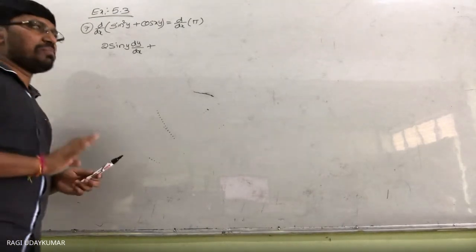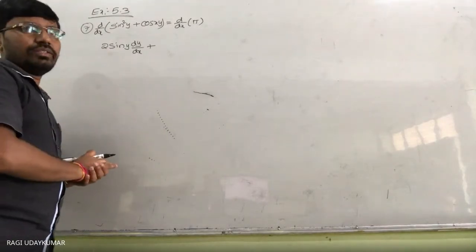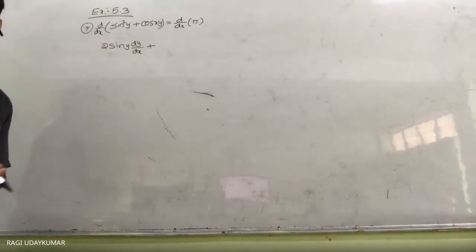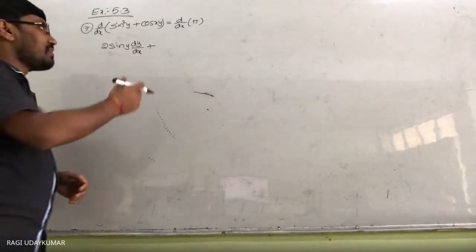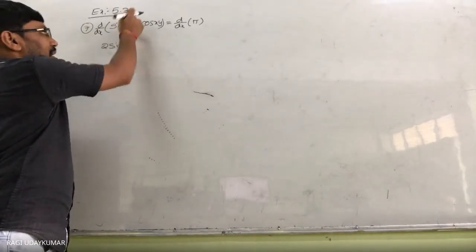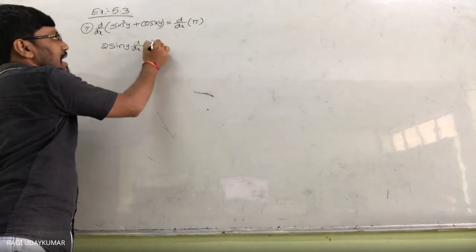Here you do remember, most of the students will make this mistake. It is in the form of x square. When you do the x square derivative, 2x, again you need to do the derivative of the inner function. So you need to write d by dx of sin y.